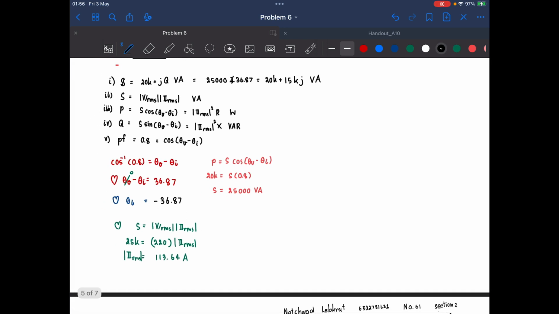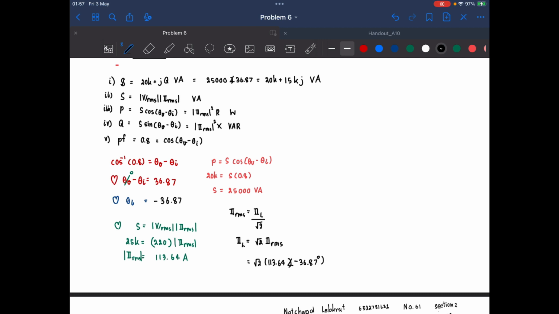From the property, we know that the IRMS is equal to the IL divided by the square root of 2. So IL will be root 2 of the IRMS, and we know that the IRMS is equal to the magnitude here and the degree of theta I that we have calculated previously, which is this one.